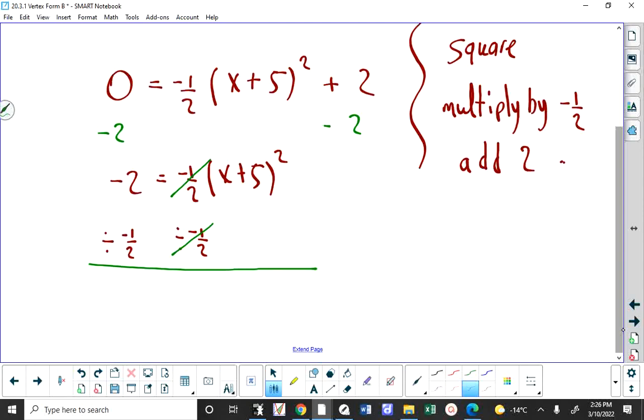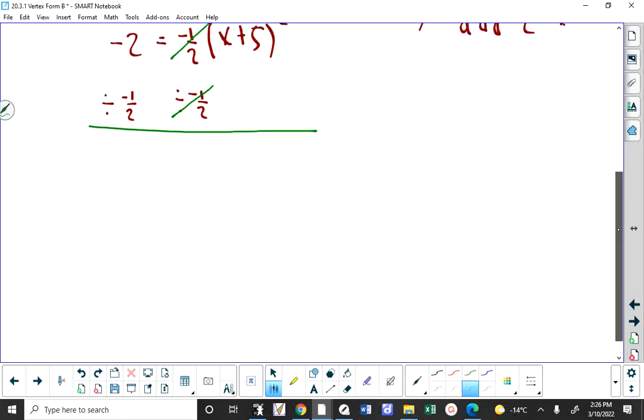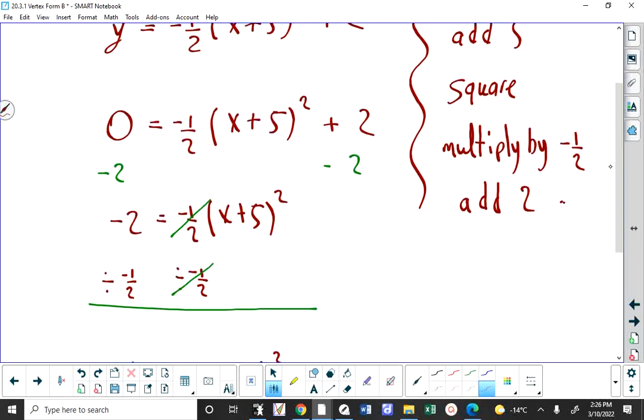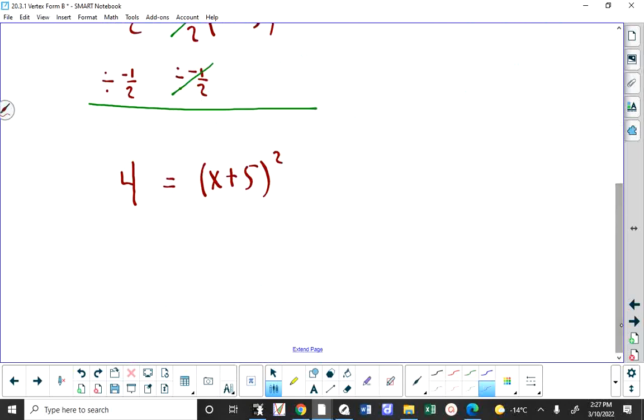So you end up with 4 equals x plus 5 quantity squared. And by the way, you can kind of see that the reason we got rid of the 2 and then the negative 1/2 is we're slowly getting closer to x. And what we would do now is you'd say, well, I better get rid of the squared. I can't get rid of the 5.